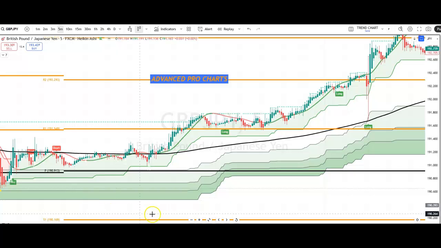So once we have change of character on the lower time frame from the very low price of the 4-hour chart, we can say, yes, we've got change of character here. Everything is green. So we now have support lines here, don't we? So these are support lines which you can use as a trailing stop, as an example, if you want to.